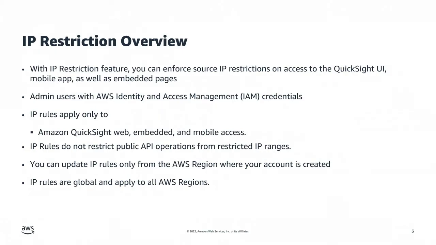The QuickSight UI itself offers you an option, which we're going to look into in a demo shortly, where you can add different IP ranges which you want to block or allow access to.